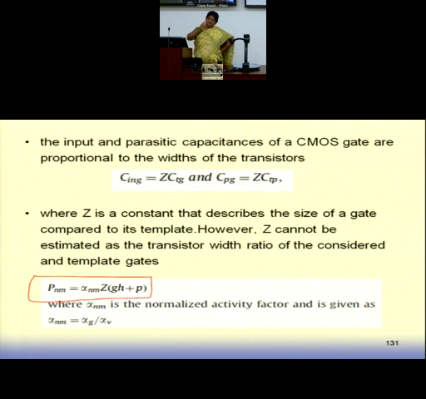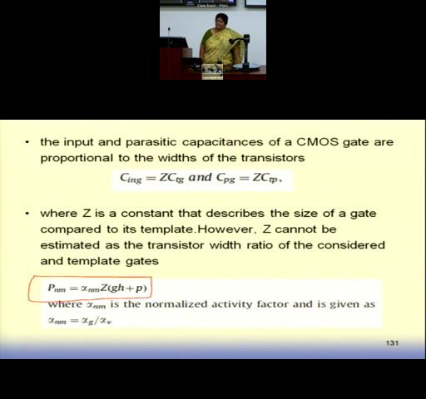When you take a ratio of the gate versus the unit inverter, nowhere we are mentioning the gate width. We are saying how much power this gate is consuming with respect to the unit inverter. Nowhere I am talking about the W's. But ultimately you have to get the sizing.